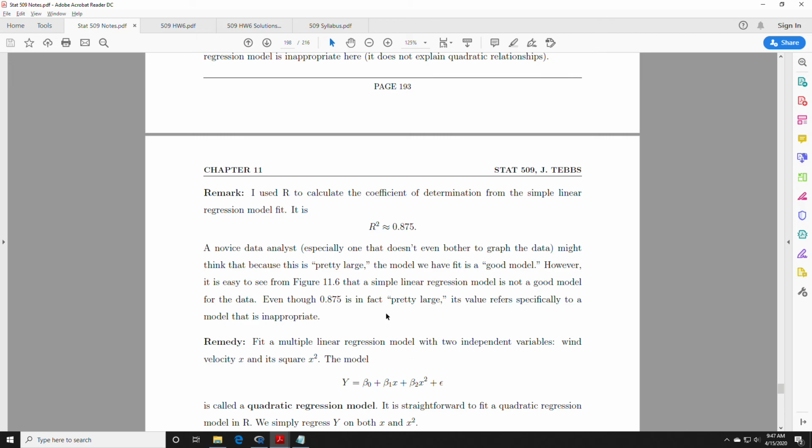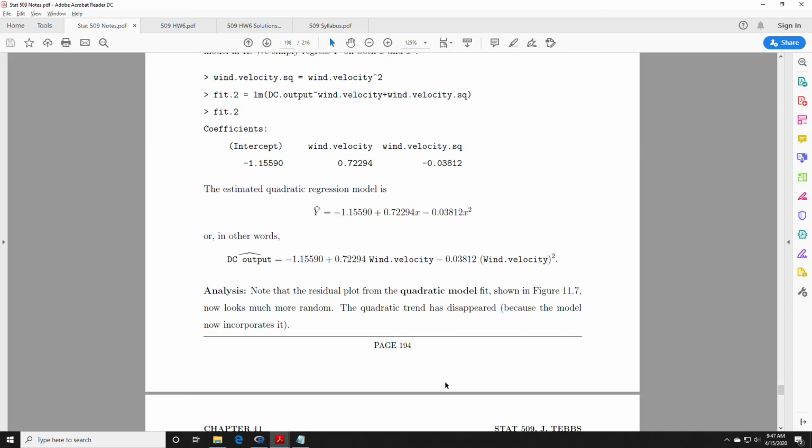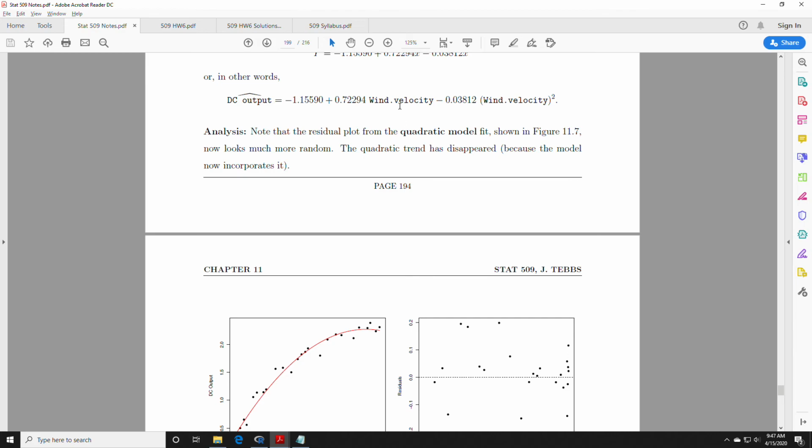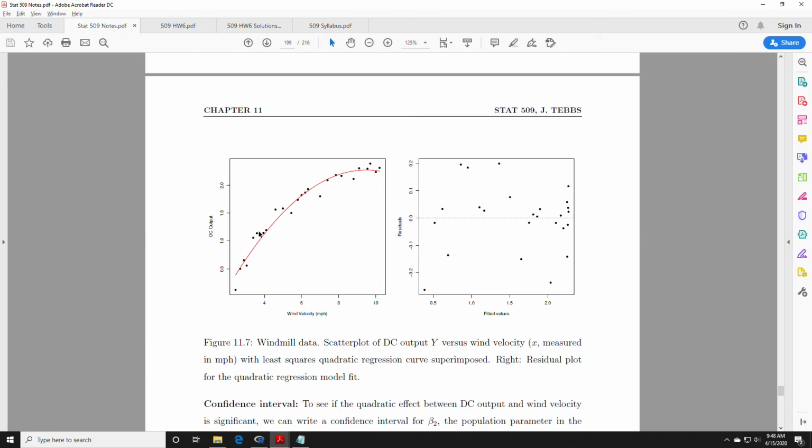And so now he's trying to add the squared term, and look what happens, okay? So now we can clearly see adding the squared term, that x squared, is what allows us to fit not a straight line but a curved line.